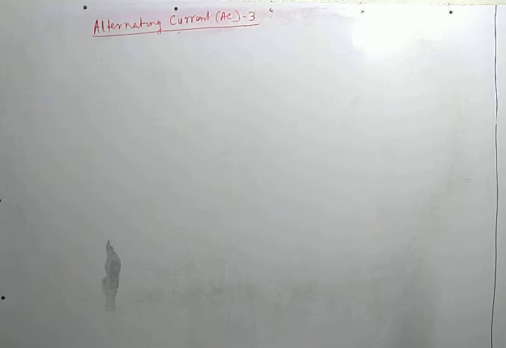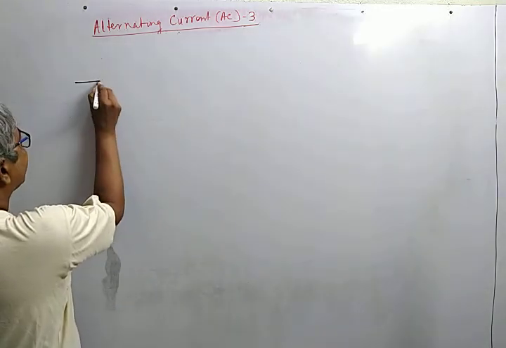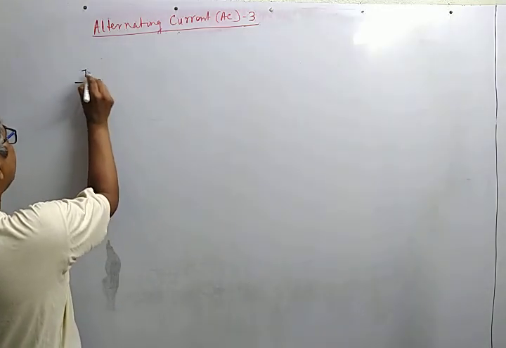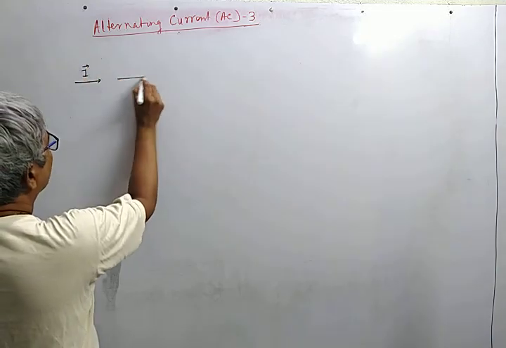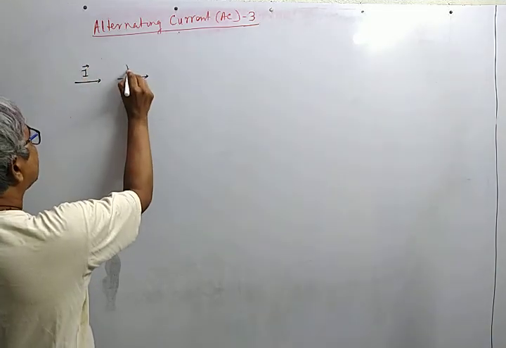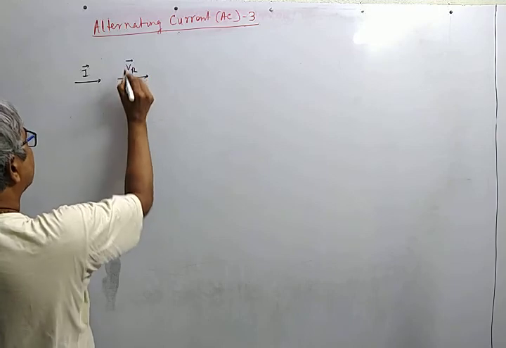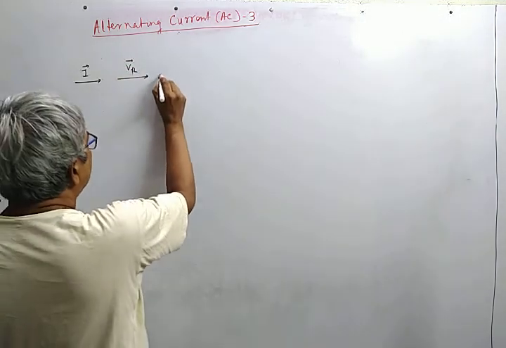The third lecture on AC circuits. In the earlier class, we have seen that when there is a reference current I, if we denote it by the current phasor, then the voltage across the resistor is in phase with the current.